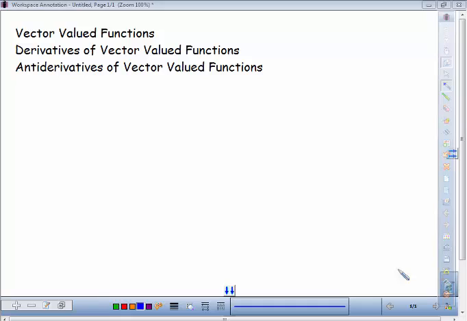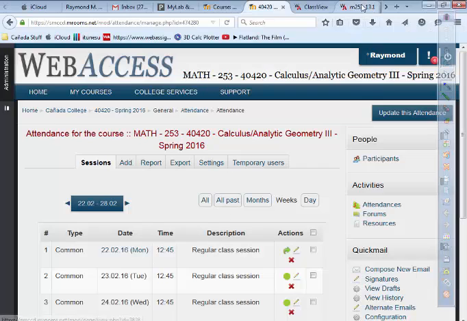What I'd like to do is have you guys get more used to using technology to try to graph these things, and for that we're going to take a closer look at vector valued functions using that program, a program that you can get online.